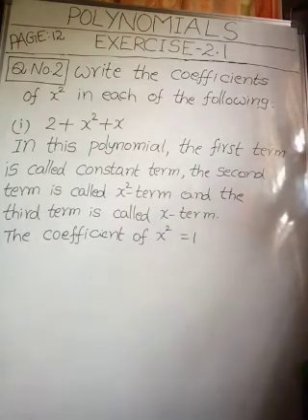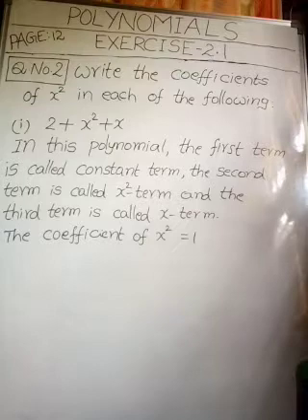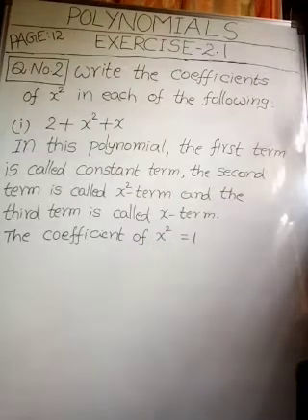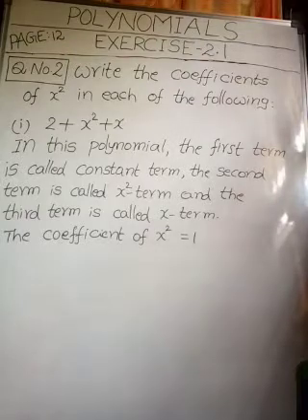Okay, my dear children, most of the students don't know what the terms are called. That is why I explained these points here. Right. Now come to the actual question. The coefficient of x square. How do you find the coefficient of a variable in an algebraic expression?